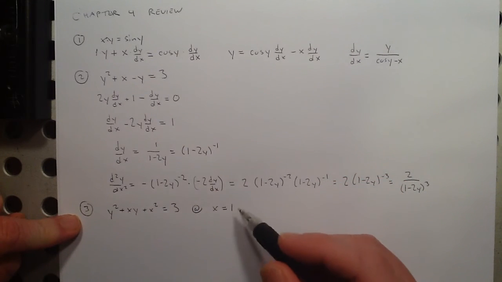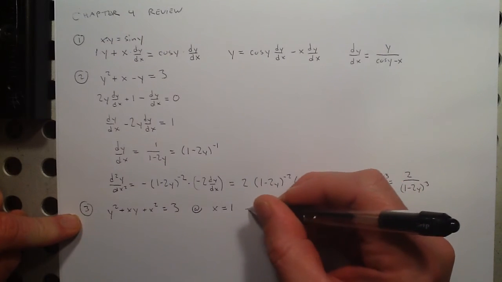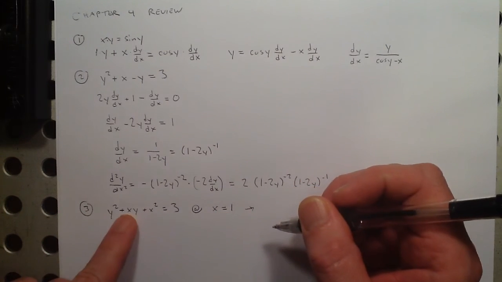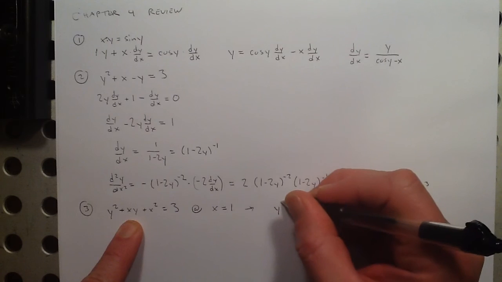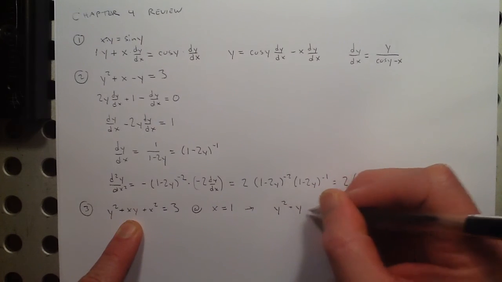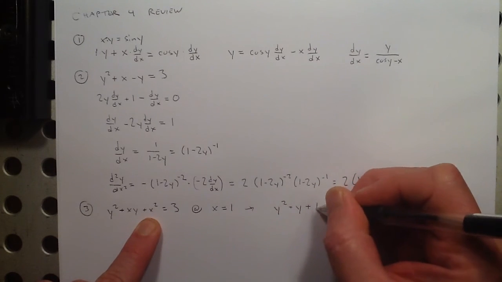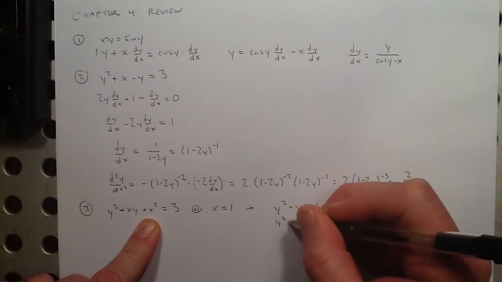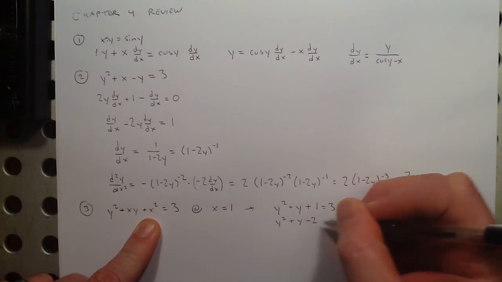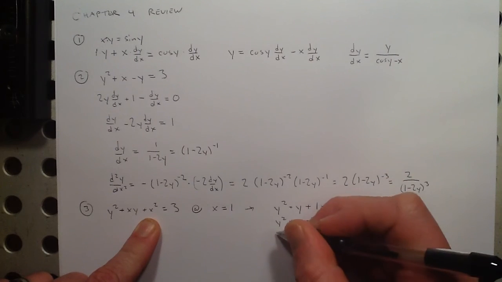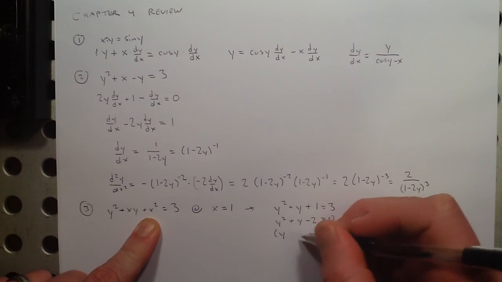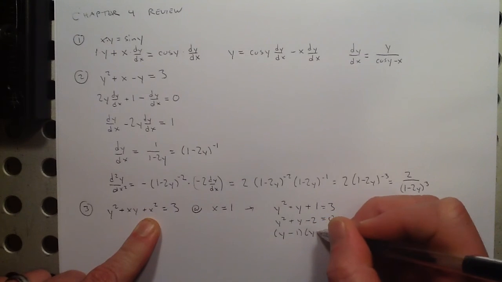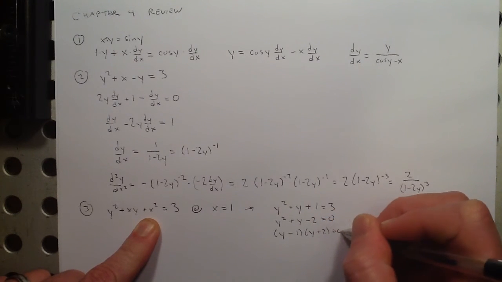So I'm going to go ahead and find those points first by plugging 1 into this. That gives me y squared plus y plus 1 equals 3, or y squared plus y minus 2 equals 0, or y minus 1 times y plus 2 equals 0.